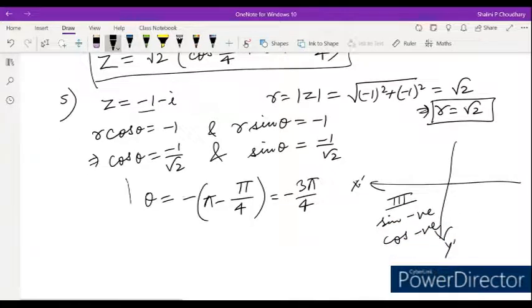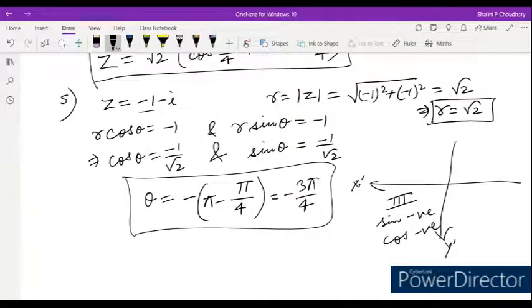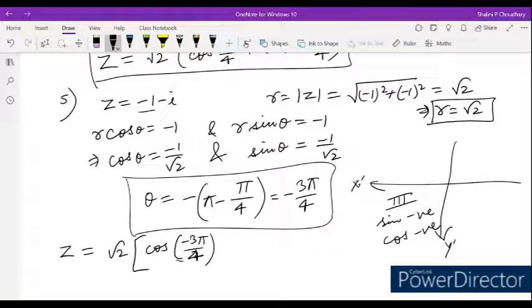Okay, now we got the value of theta, we got the value of r, so we can convert the complex number z into polar form. So z will be equal to r, that is square root of 2, cos theta, where theta is equal to -3 pi upon 4, plus i sin theta.